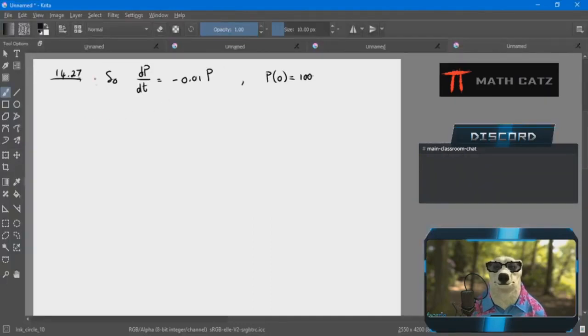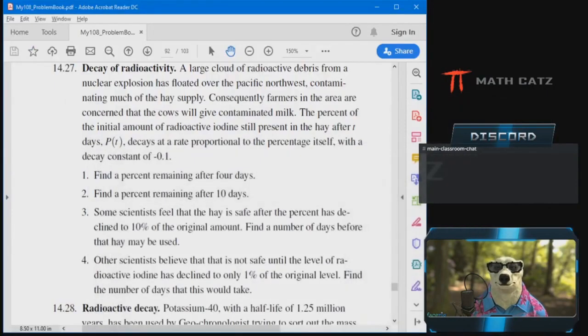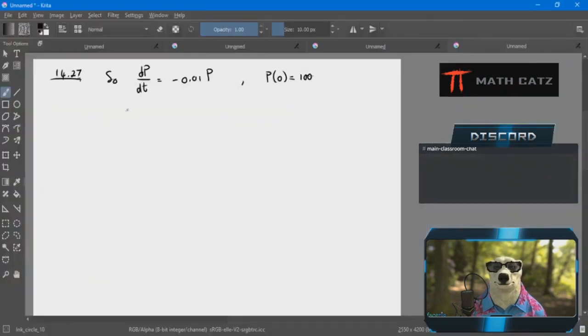Now my differential equation is always the same regardless of the name of the variable. So I'm going to go about my business and solve this the exact same way, separating the variables, keeping the constant on the right, integrate both sides, natural log of P in this case, negative 0.01 t plus a constant.